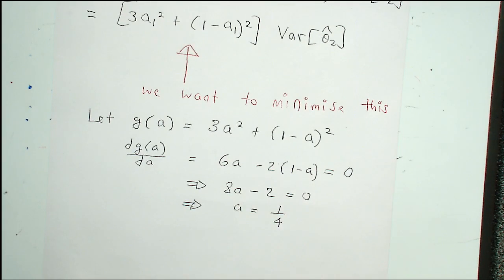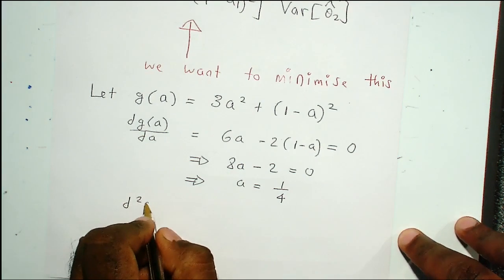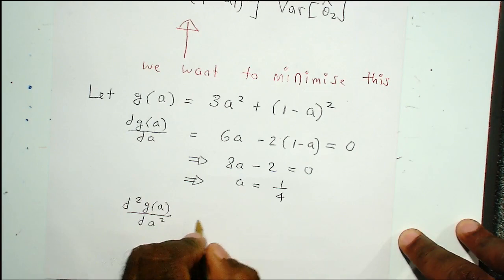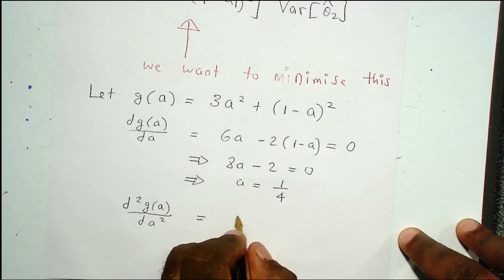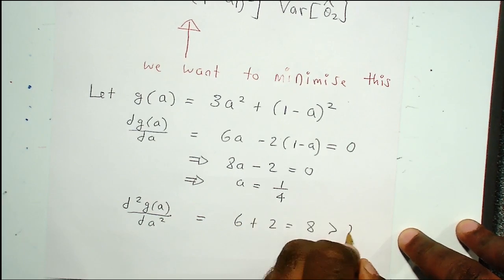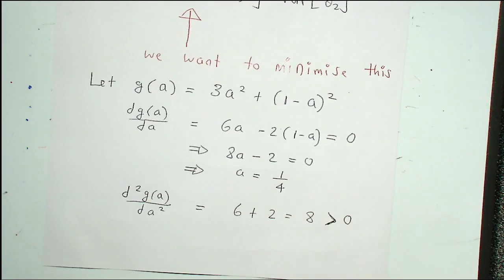Now, this is not enough yet, because we need to make sure whether this point, A equal to a quarter, corresponds to a maximum or minimum. To do that, you need to do the second order derivative. The second order derivative of this is going to be 6 plus 2, which is 8, which is a positive number. Okay?